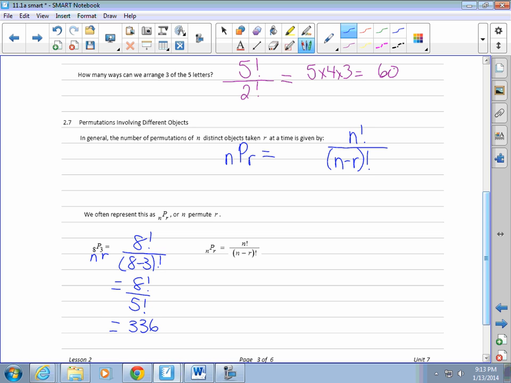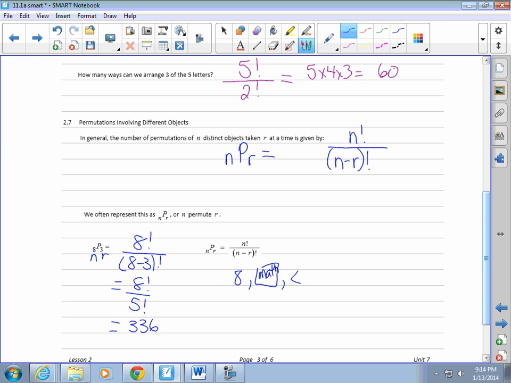So you could, on your calculators, do 8 factorial using that 8, math, right arrow, 4, enter, divide by 5 factorial, and all that. Or you could actually use the permutation key. So on your calculators, it's using that math button again. So 8, math.